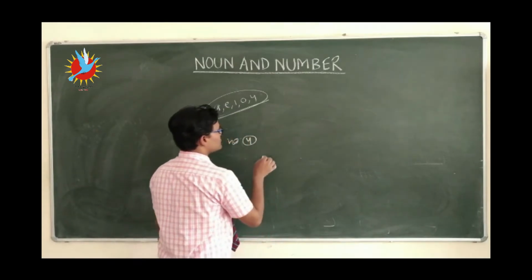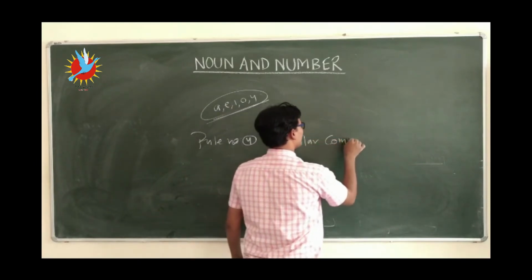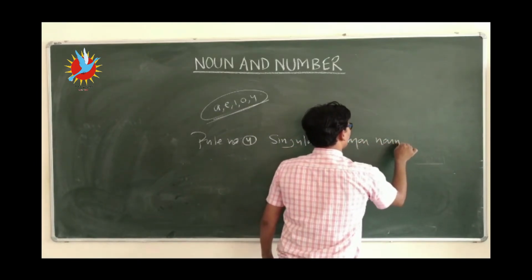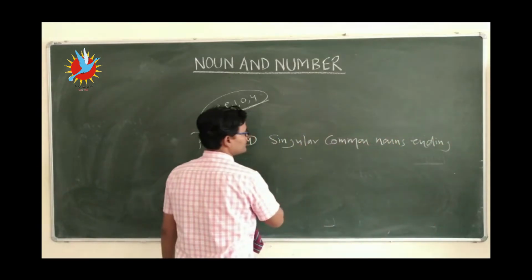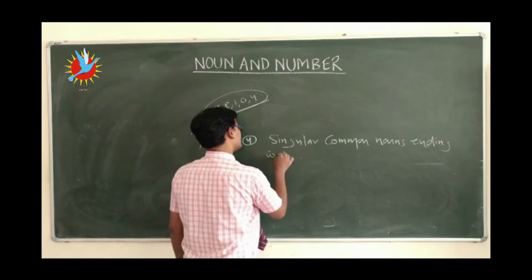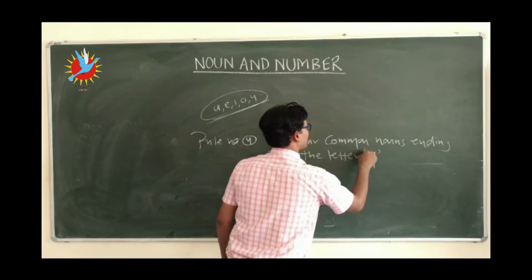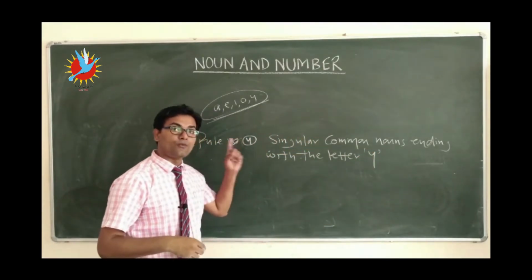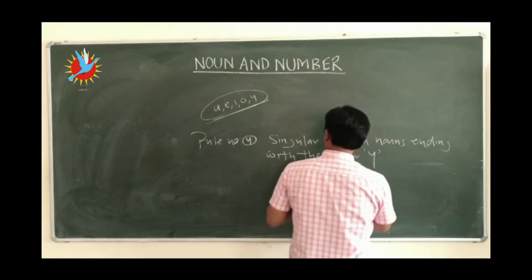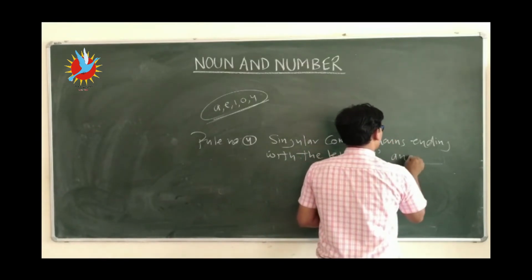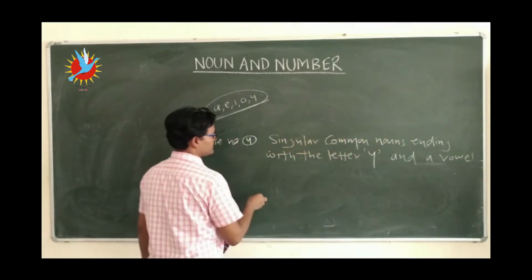If we have singular common nouns ending with the letter y. Yes, same letter, y. But this time ending with the letter y and a vowel just before this last letter.